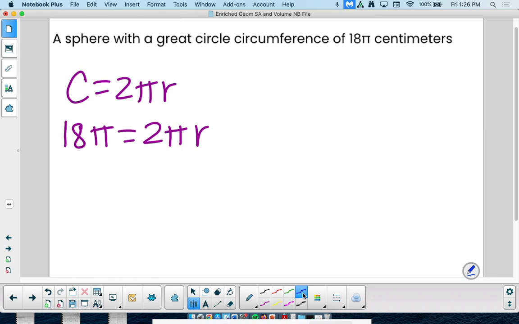If we're typing this in your calculator, you divide by 2 pi. Just make sure when you hit 18 pi divided by 2 pi, you put it in parentheses. Otherwise, it's going to divide by 2 and then multiply by pi because your calculator's not that smart. Then just divide by 2 and get 9.